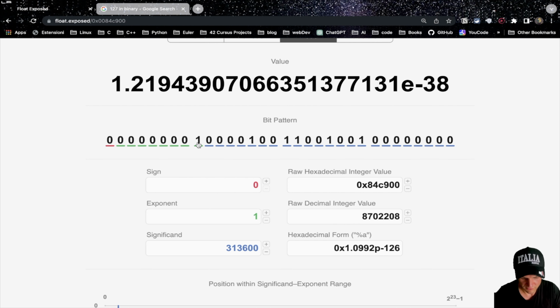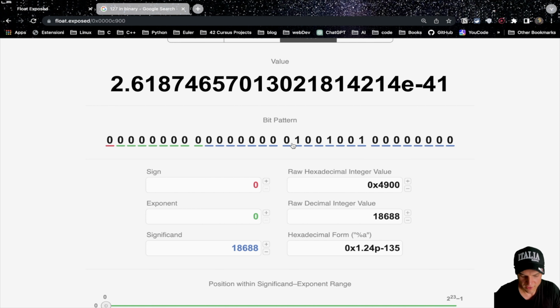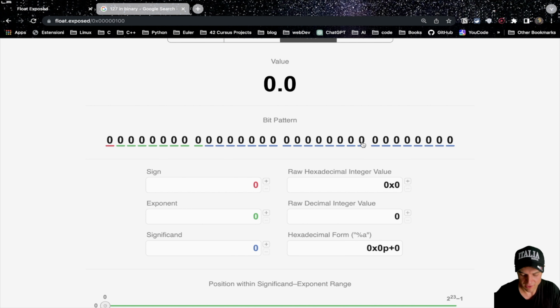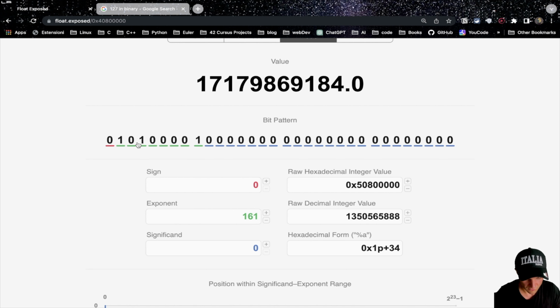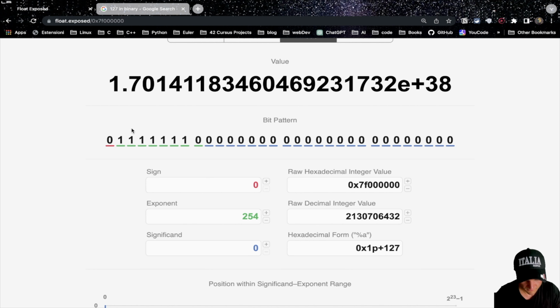When we have all zeros, we have the so-called denormalized value. Basically, every time I have a value here in the exponent which is 1 or the maximum 254, right? Or in this range, the max exponent that can be, I have a normalized value. Basically, it means that I have a 1, which is not written here.